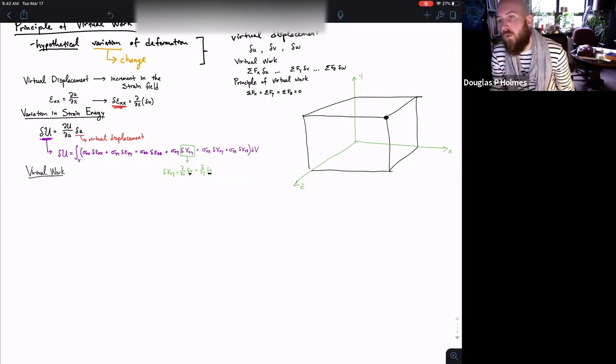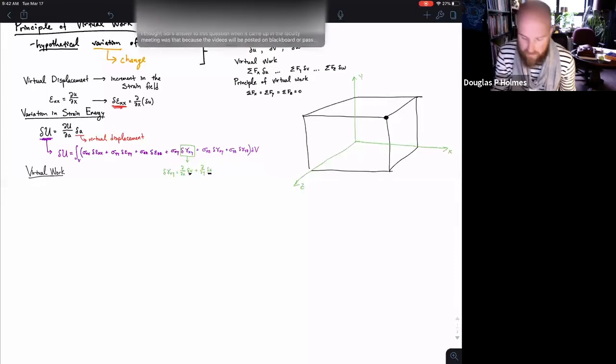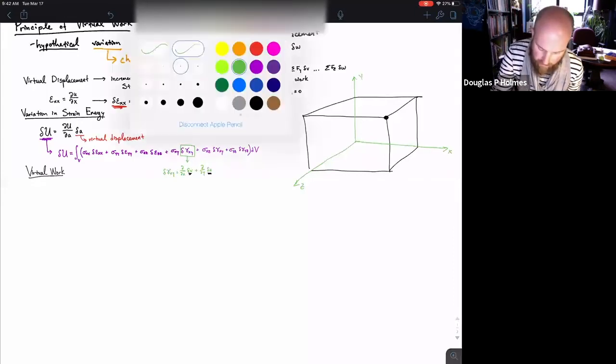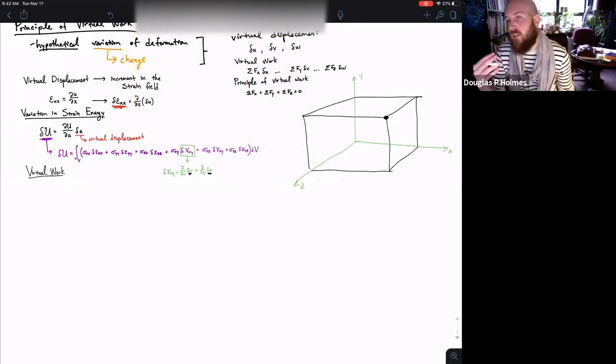And what we're saying is, let us take that point and virtually displace it. In the case of delta U, I'm going to take that point and move it a tiny amount. I'm exaggerating this drawing, so that arrow there should be infinitesimally small.